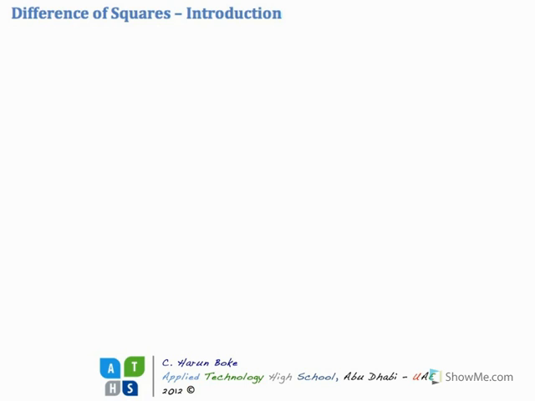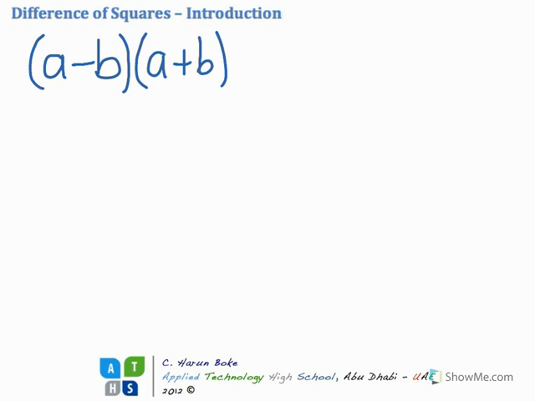Okay, now let's consider these two binomials, a minus b and a plus b. Well, if we multiply these two binomials, we will see that we have a squared, then we have a times b, it will be plus because there is no minus in either a or b, so it's ab.